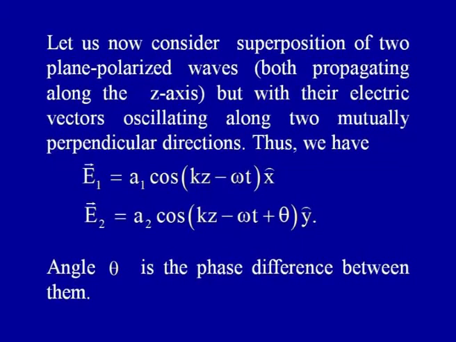So, we can write E1 is equal to A1 cos of (kz minus omega t), this is along the x axis. E2 is equal to A2 cos of (kz minus omega t plus theta) along the y direction. The angle theta is the phase difference between these two waves.